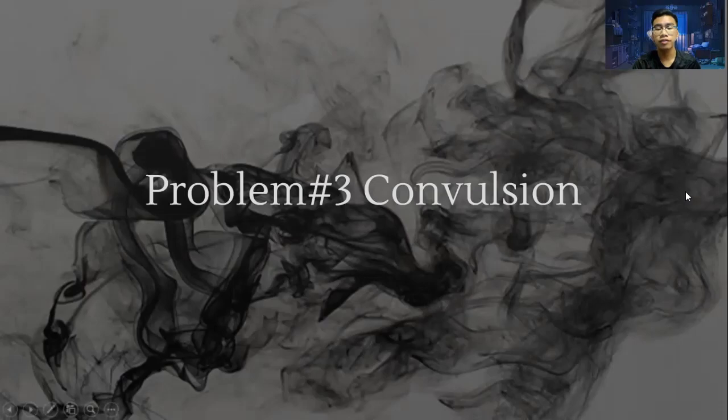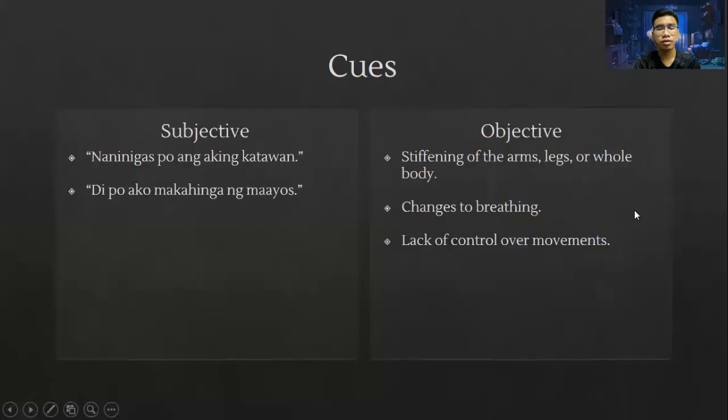Next slide is for the subjective cues, as stated by the patient, quote, "Naninigas po ang aking katawan," unquote. And another one is, quote, "Di po ako makahinga ng maayos," unquote.